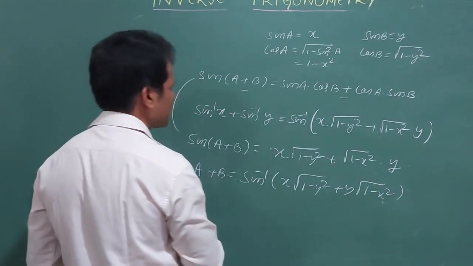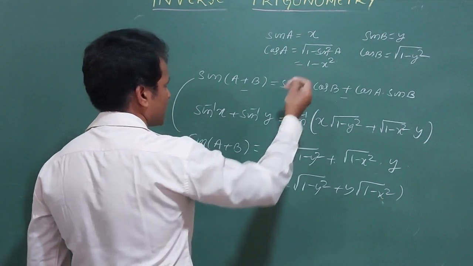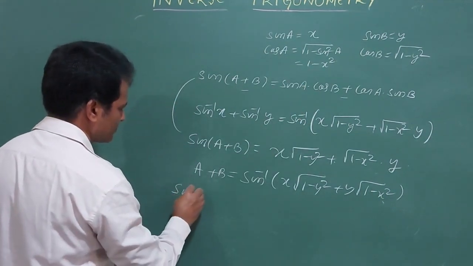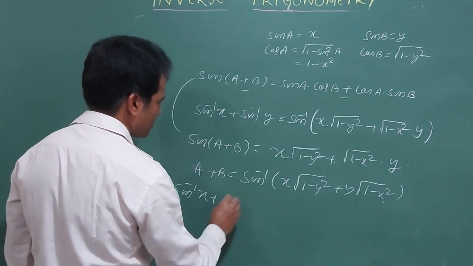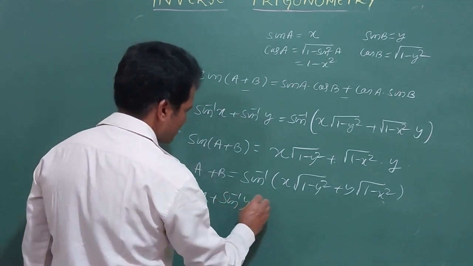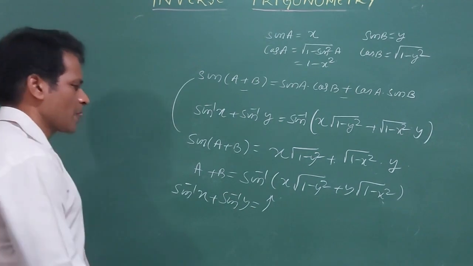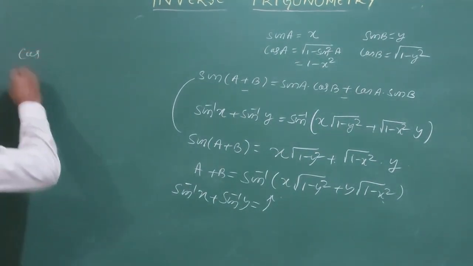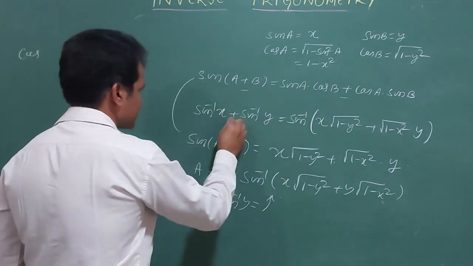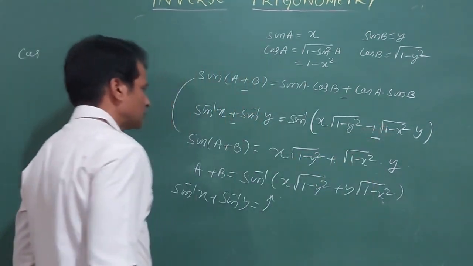Instead of A we can replace sin inverse x, and instead of B sin inverse y. The formula is generated. Similarly, if it is plus, that will be plus. If it is minus, still minus.